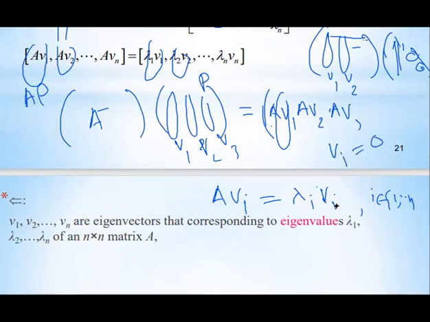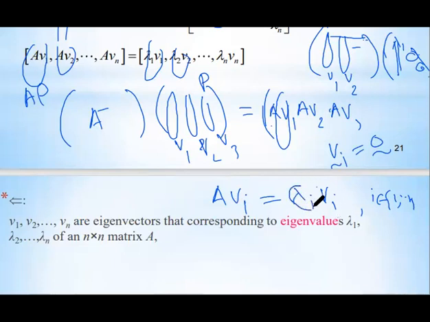So what happened to the determinant of P? Determinant would be 0. We know P is invertible. Then these are non-zero columns. Then the Vi's are non-zero vectors.